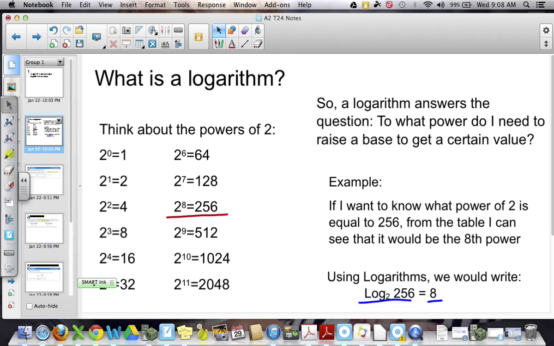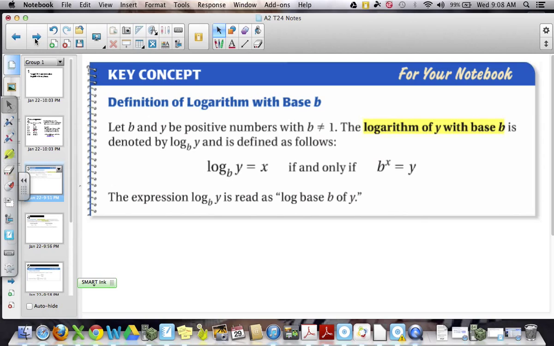All right, so our formal definition of a logarithm with base b is that the log base b of y is equal to x if and only if b to the x is equal to y. You can see b is always the base.